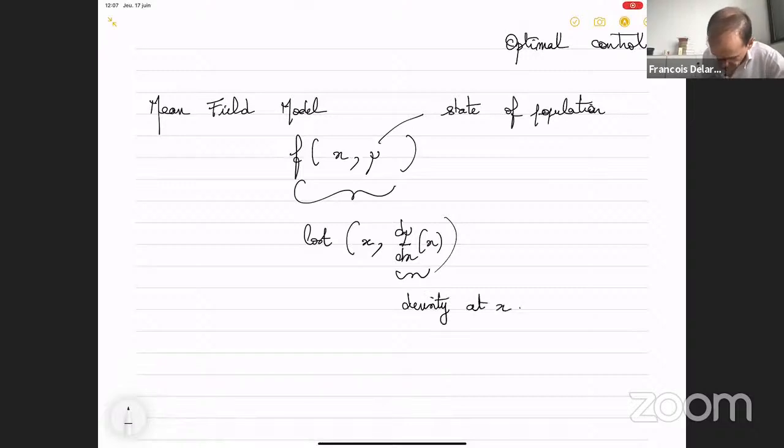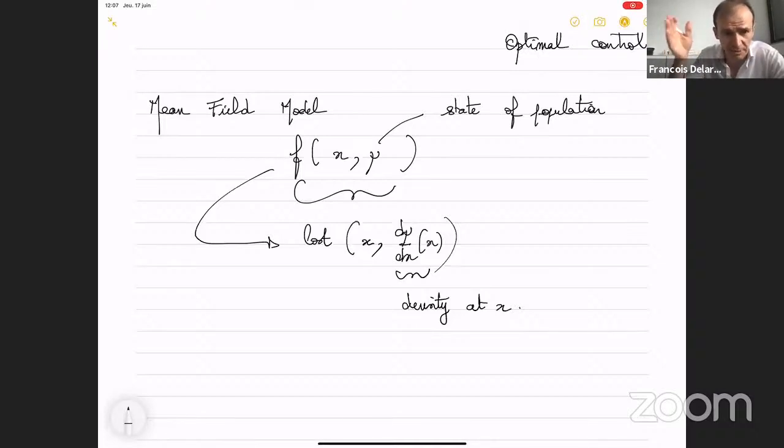And this is absolutely consistent with my formulation. Formally, if I am given mu and I'm given X, provided that there is a density for the population, it makes sense to say that the cost is a function of X and the local density. And I think that in your mind, certainly this is what you think. So I see just the local density of people that are around me.